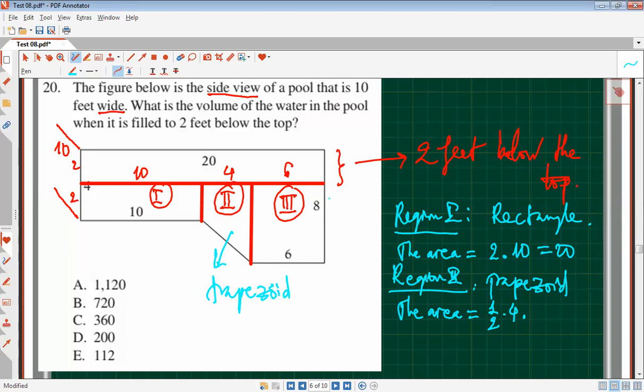Let me check. This is 8. This must be 6. So 4 times 6 plus number 2, which is 8, divided by 2, this is 4. 4 times 4 is 16.